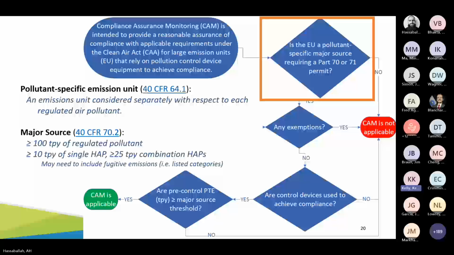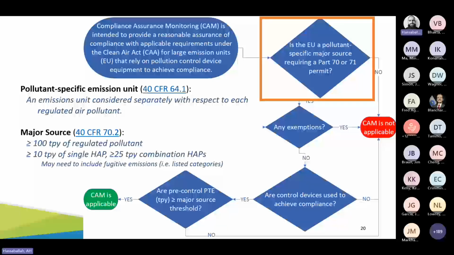But if the limit applies to a group, say it's a ton per year limit of VOCs for all of the 10 coating lines combined. Right. So each of those coating lines have that emission unit.